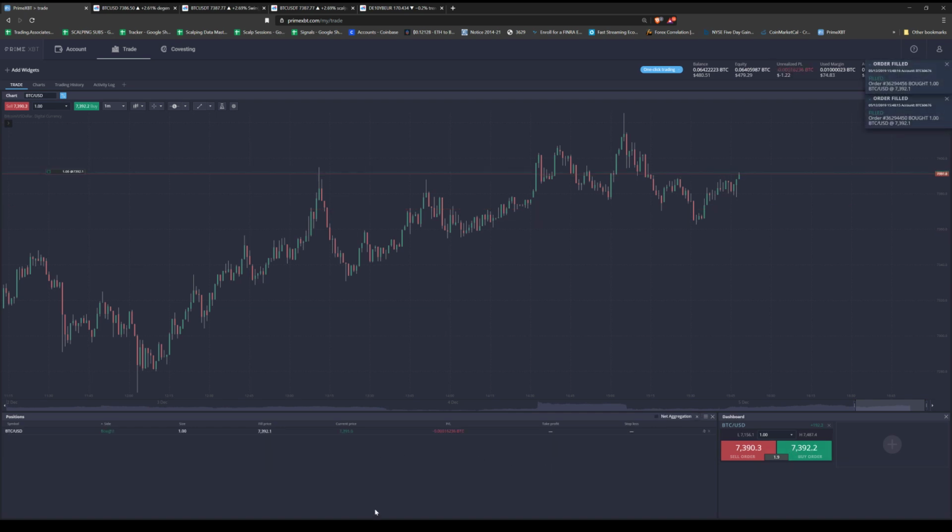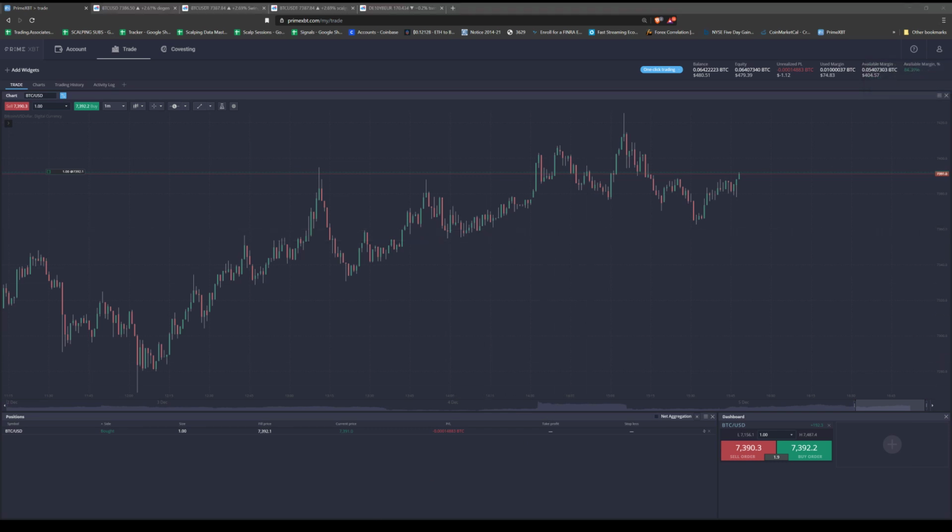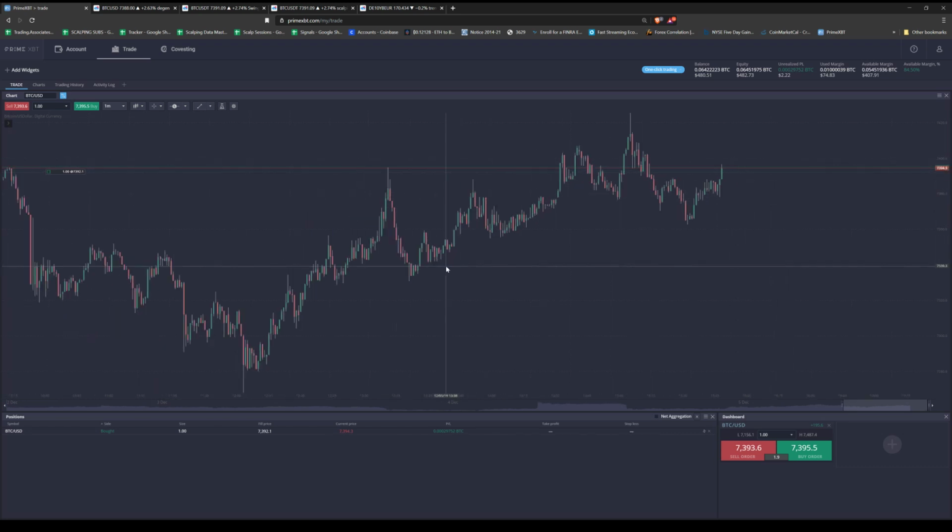I just flipped it long. Kind of a nasty trade there. What's nice is that risk is kind of built into the system, right? Because it's always in the market, long or short. So whenever it flips, it's going to be based on where price action is at.